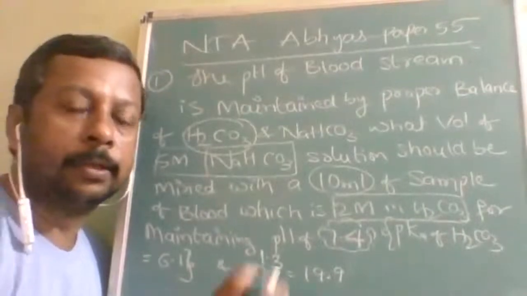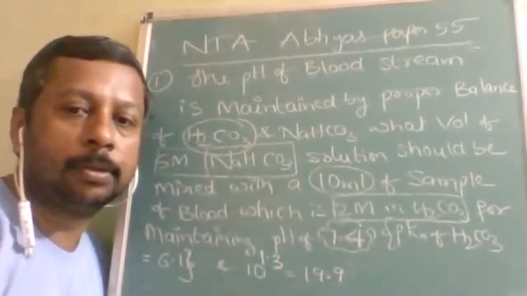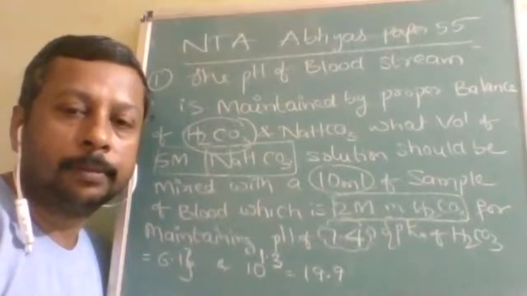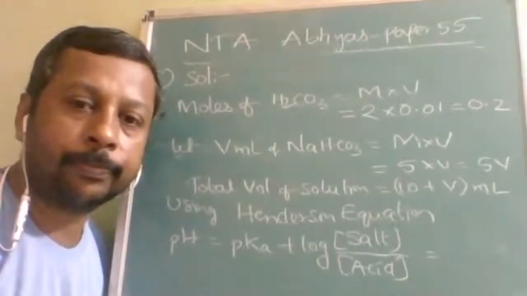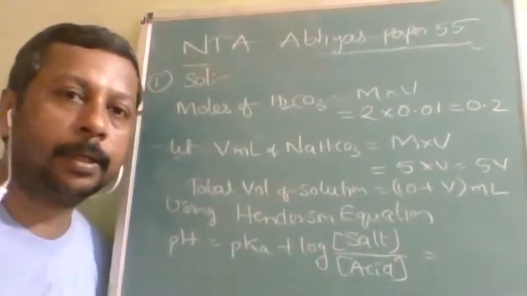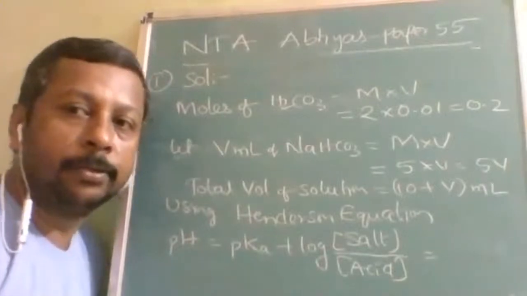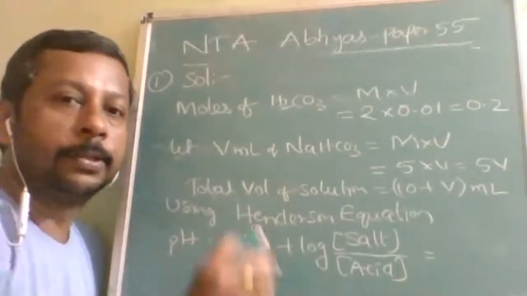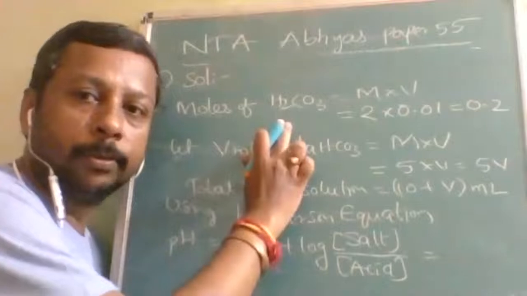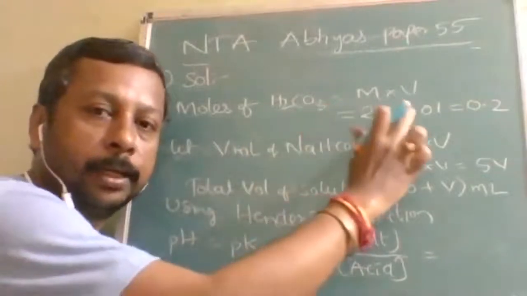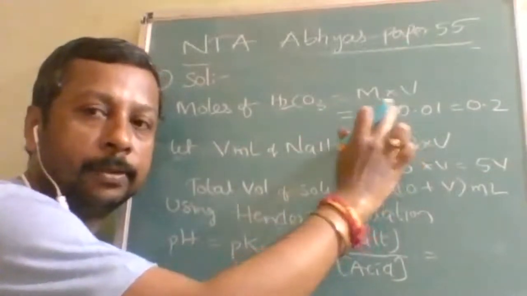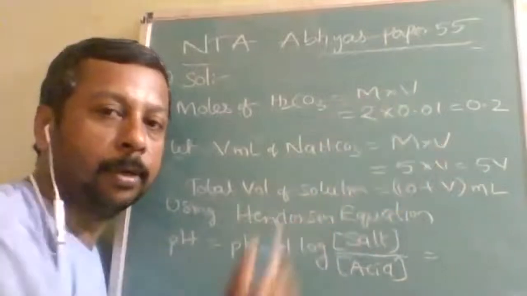Note down this question, especially these values, and try. Okay, here I have noted all the values given. First, moles of H2CO3 is equal to molarity into volume.